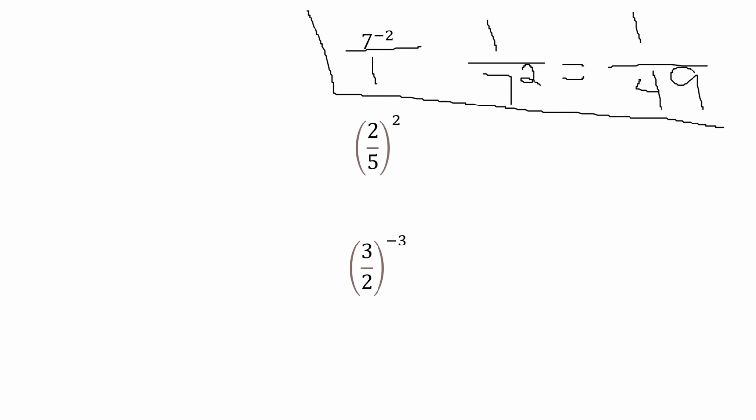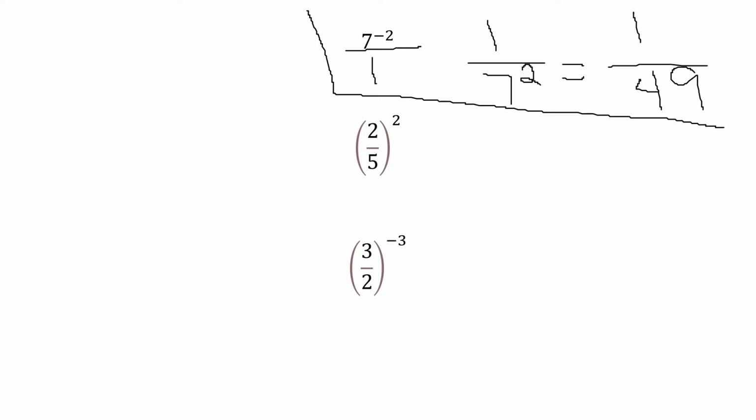Let's look at 2/5 squared. Now listen, 2/5 squared is just 2/5 times 2/5. When I have a positive exponent, I work it just like I normally would. The only time I have to flip anything is when the exponent is negative. So I put this one in here because when we're doing our homework or a test, we just sort of rush through and say, oh, this is what I'm supposed to do.